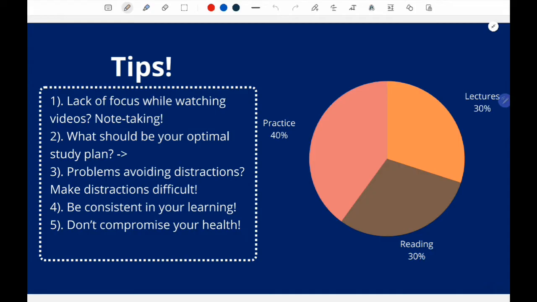Secondly, what should be your optimal study plan? For this topic especially, the lectures, which you may be watching right now, will constitute 30% of your learning, 30% will come from reading books, and 40% is devoted to practice, because it is a math intense course.